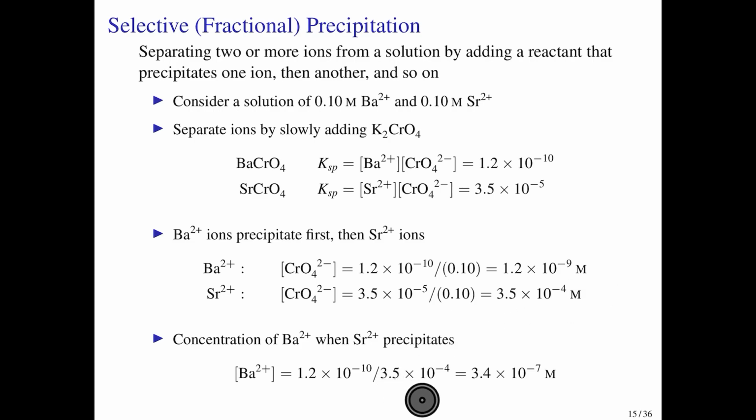And at that concentration, we find that the barium concentration has been reduced to 3.4 × 10⁻⁷ moles per liter, which is a lot less than what we started with. So indeed, you can effectively separate the two ions using this selective precipitation approach.